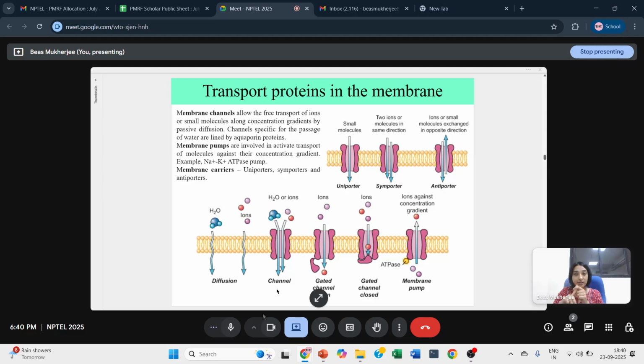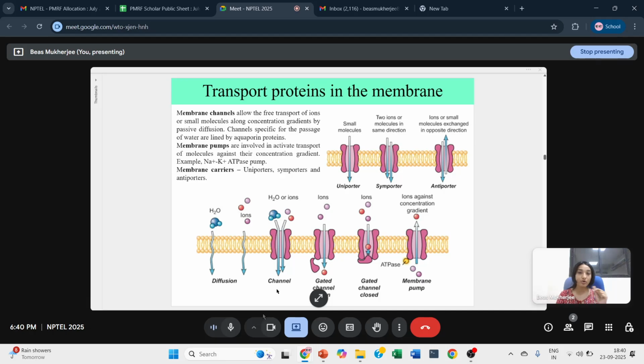Membrane channels include transport of ions, and aquaporins. The membrane pumps use ATP for transport of molecules against the concentration gradient. And then there are membrane carriers, which are uniporters, symporters and antiporters. Now we have already discussed these uniporters, symporters and antiporters previously.